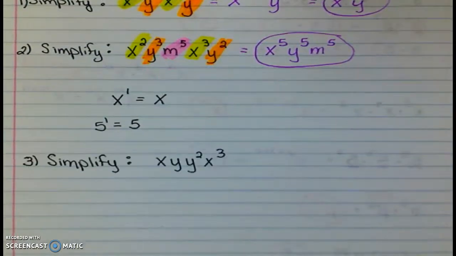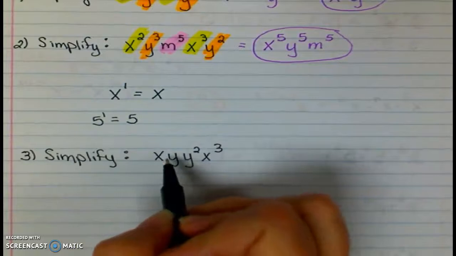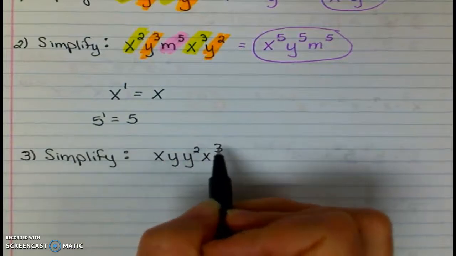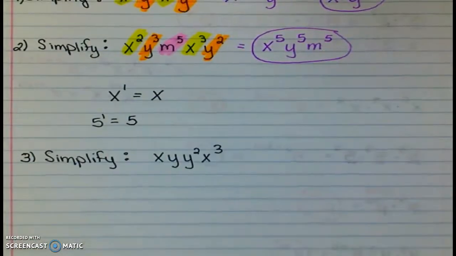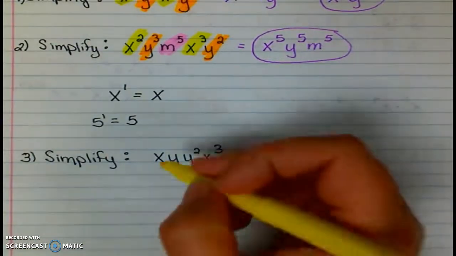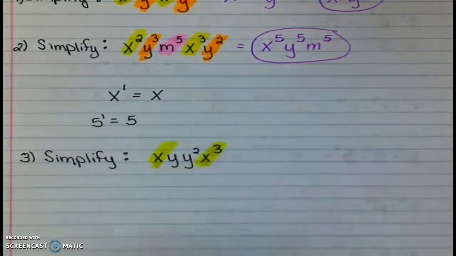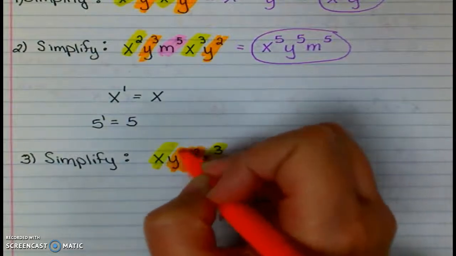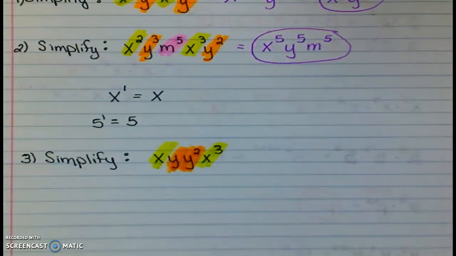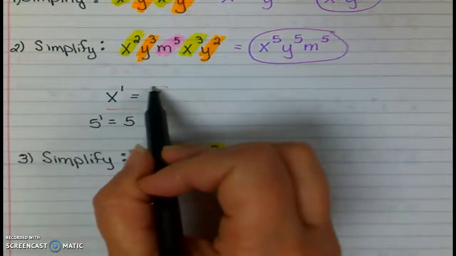So if we look at another example, example 3, where I simplify x times y squared times x cubed, I want to add the exponents of the like bases. So once again, we look for the x. We want to group the same variables together. You look for the y's, and you add the exponents. So what we have to remember is go back to this definition right here.